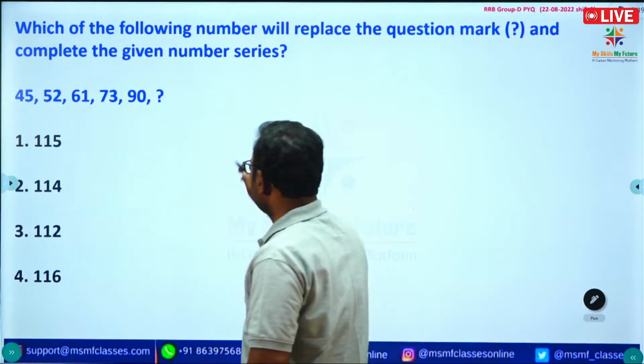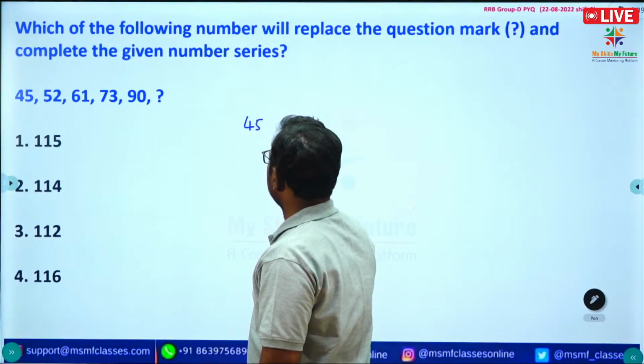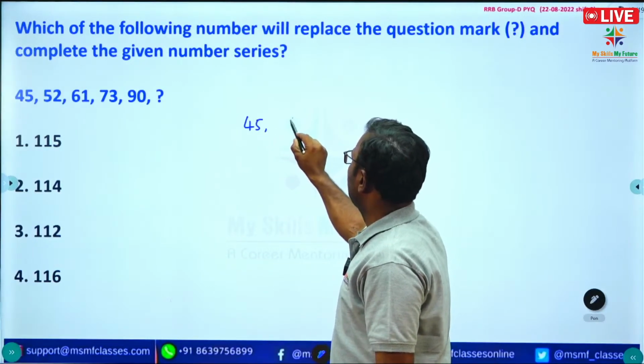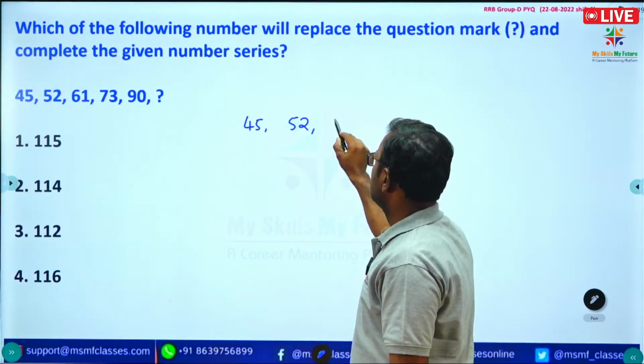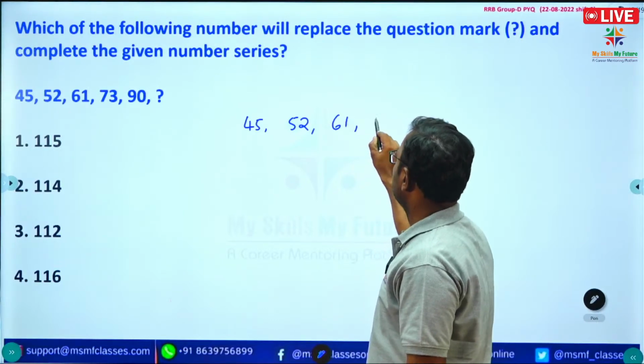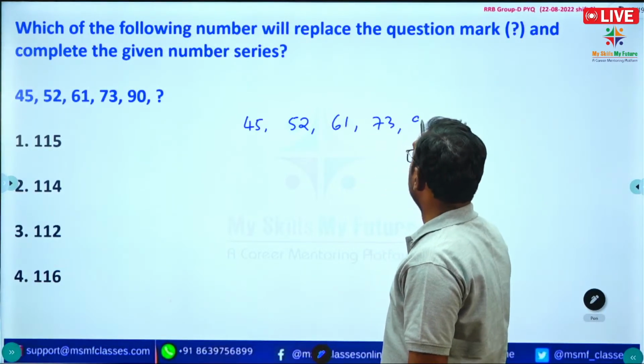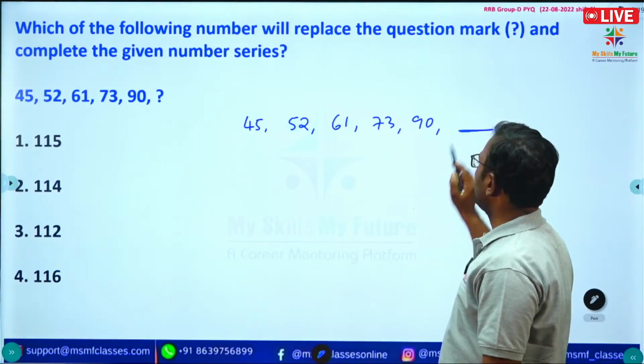Here the series is 45, 52, 61, 73, 90, and we need to find the next number.